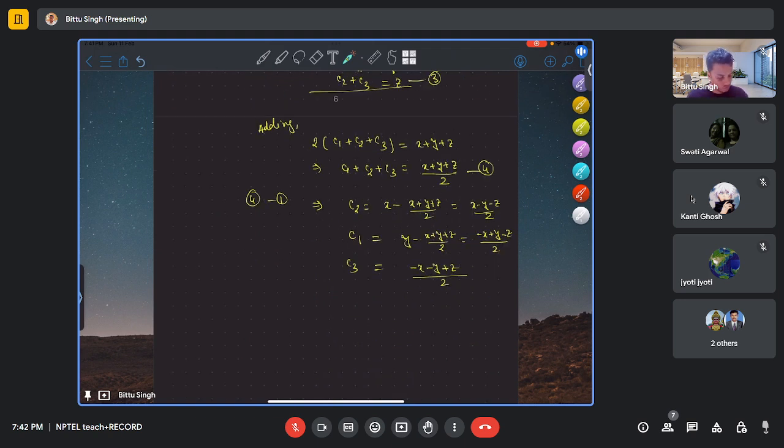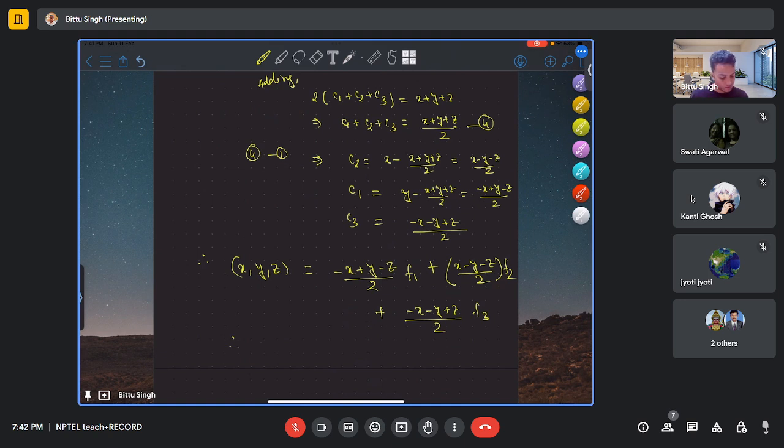So any element x, y, z can be written as minus x plus y minus z by 2 times f1, plus c2 times f2, and minus x minus y plus z by 2 times f3. Therefore, f1, f2, f3 also generates the whole space. The span of f1, f2, f3 is also R3.